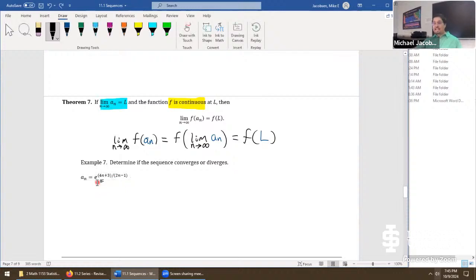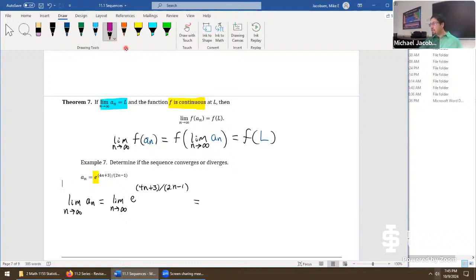But throwing in a function like that, the base e exponential is your continuous function in this problem. So now when we go to take the limit as n goes to infinity of a_n, we're taking the limit as n goes to infinity of e to the power, this is kind of hard to even write, 4n plus 3 divided by 2n minus 1.